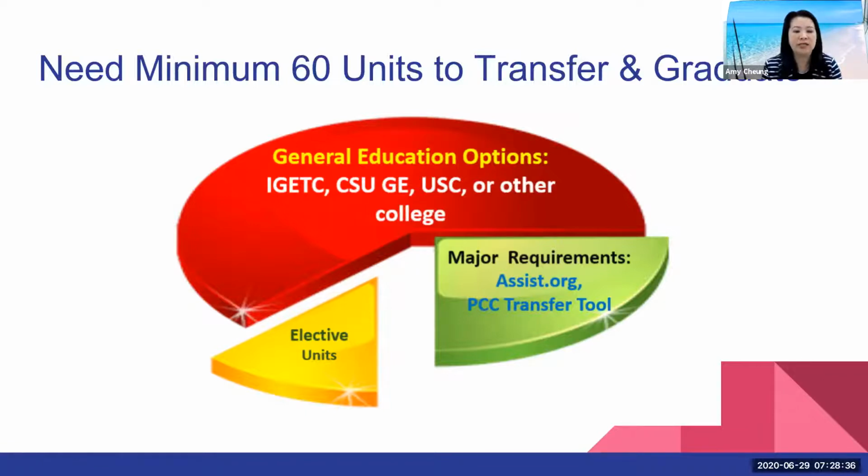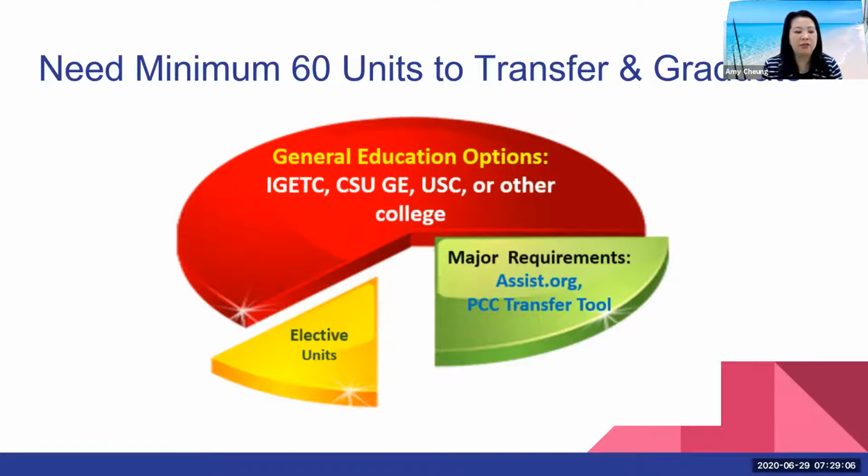For those of you who want to transfer to USC specifically, and you want to target that particular private university, the private universities have their own general education pattern for students to follow. So out of the 60 units, about 40 units come from general education. So two thirds of your classes at PCC are going to be general classes.